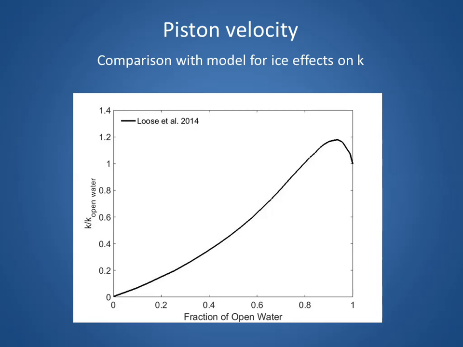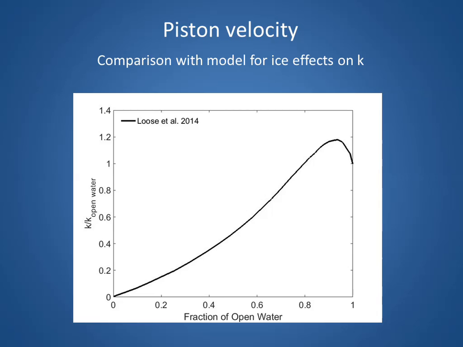Both the first two, the shear stress and the buoyancy effects, are parameterized as functions of dissipation. This is a plot I pretty much took right from their paper, a hypothetical curve for the gas transfer velocity against fraction of open water for just the shear stress component. If you start at the right side, 100% open water, I normalized their K values by dividing by the open water values, so everything is normalized to their open water gas transfer velocity.